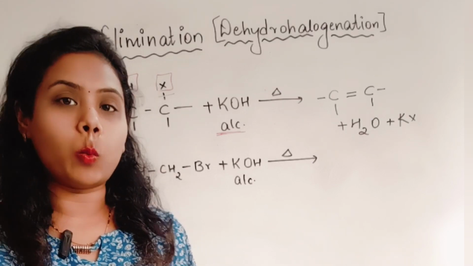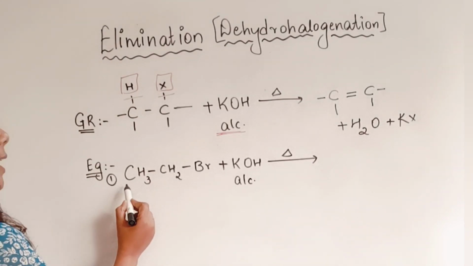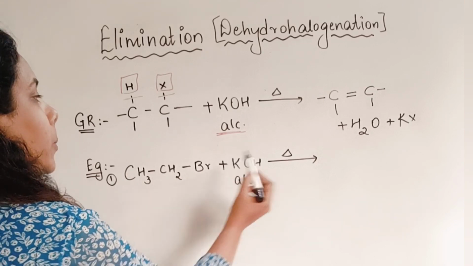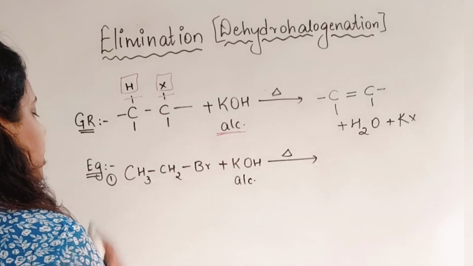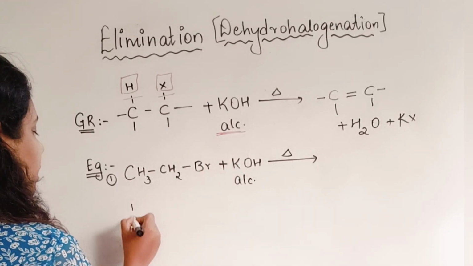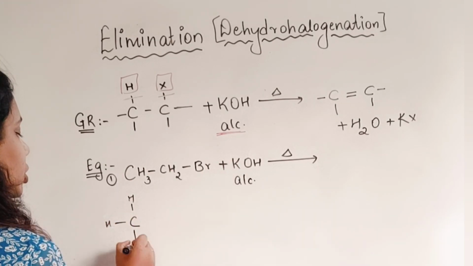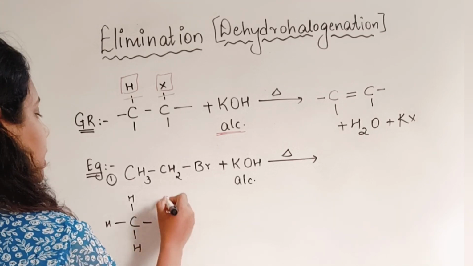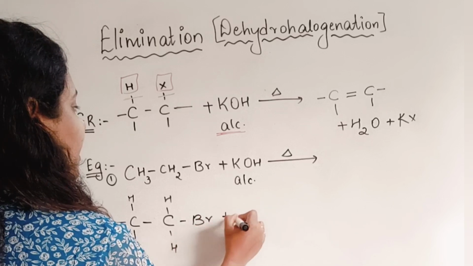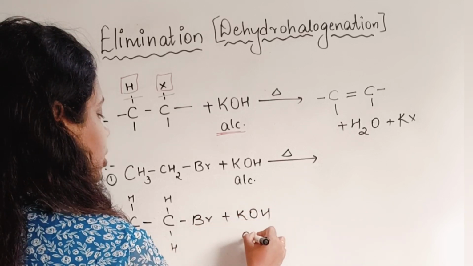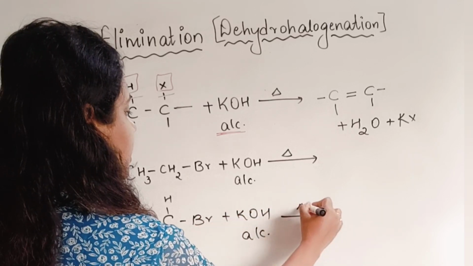Let us have a look at one more example. If we take ethyl bromide when it is heated with alcoholic KOH, let us first expand this structure. This is CH3, then CH2, and then Br, plus KOH. The same reaction I am writing when it is heated.